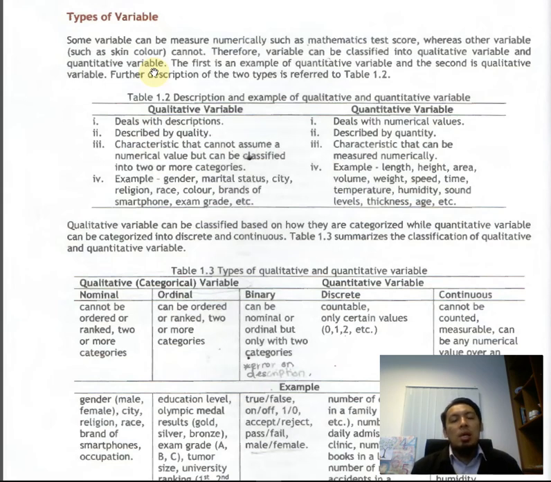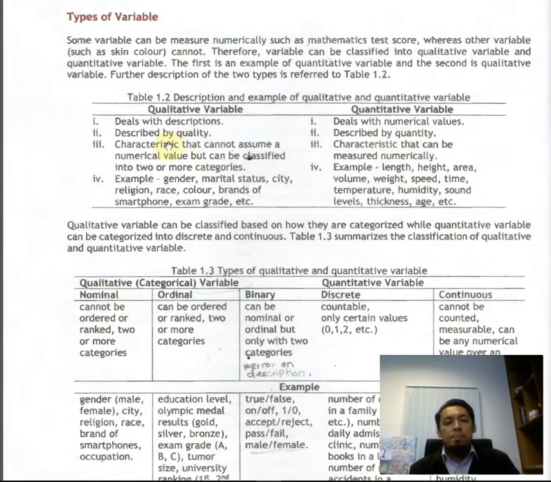You can calculate. As for a qualitative variable, it contains data that can't be quantified. This is the main difference. Qualitative deals with description, as for quantitative, it deals with numerical values, described by quality versus described by quantity.